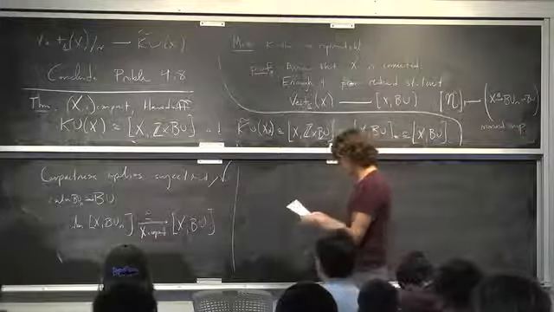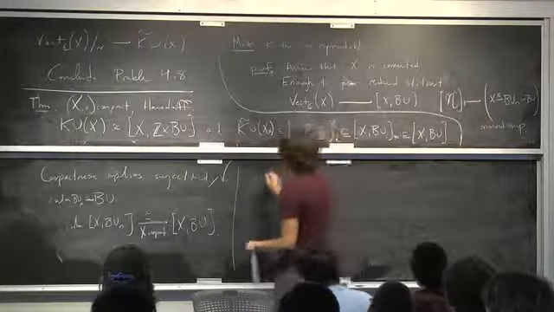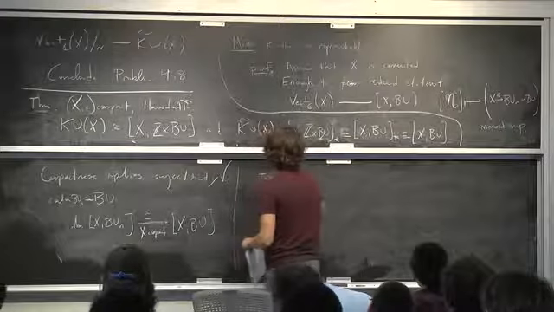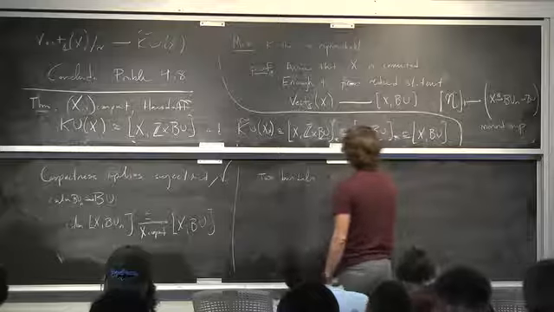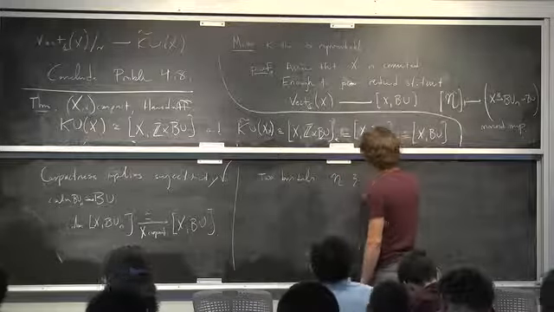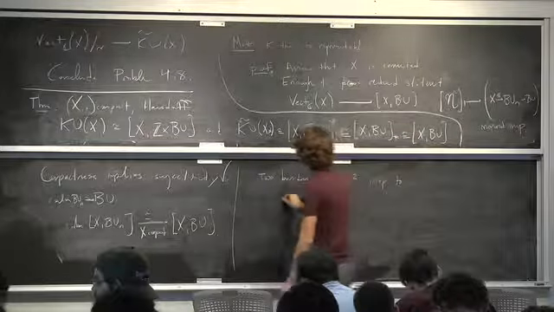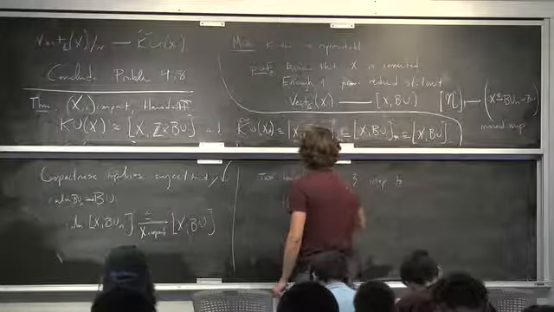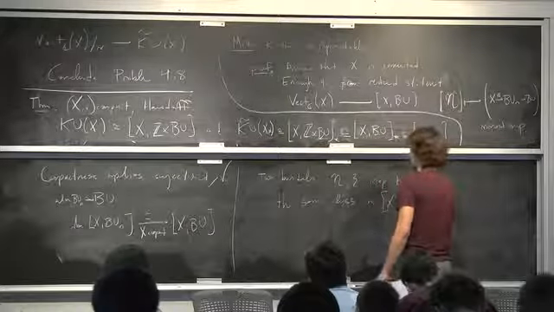So let's see, the other part, let's think about when two bundles go to the same class. Eta and psi map to the same class in X to BU. So when does this happen?